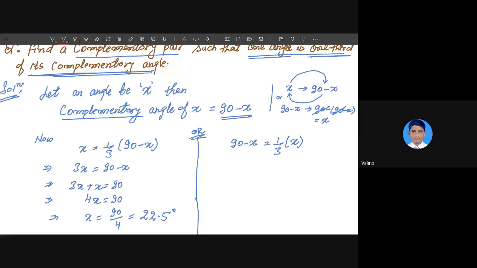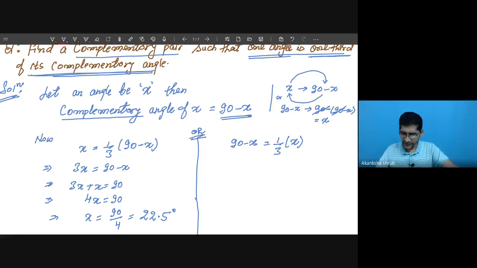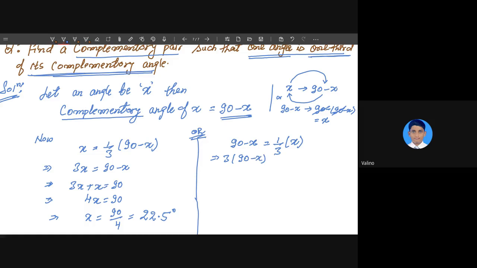Okay, sir. So while solving this, student, 3 has to be multiplied with 90 minus x. So 3, 90. 22.5.